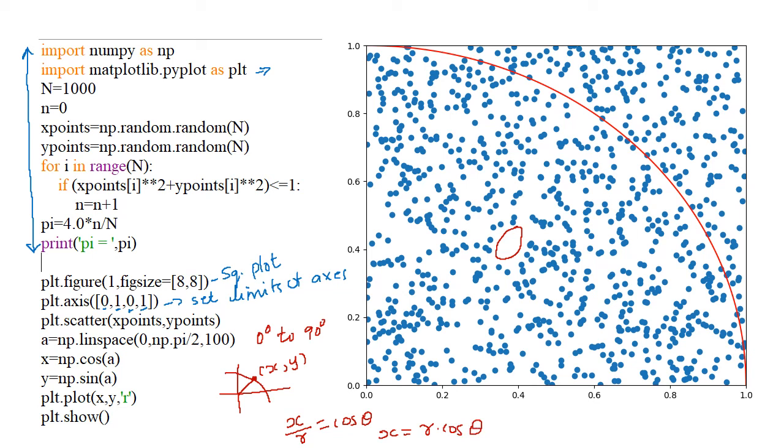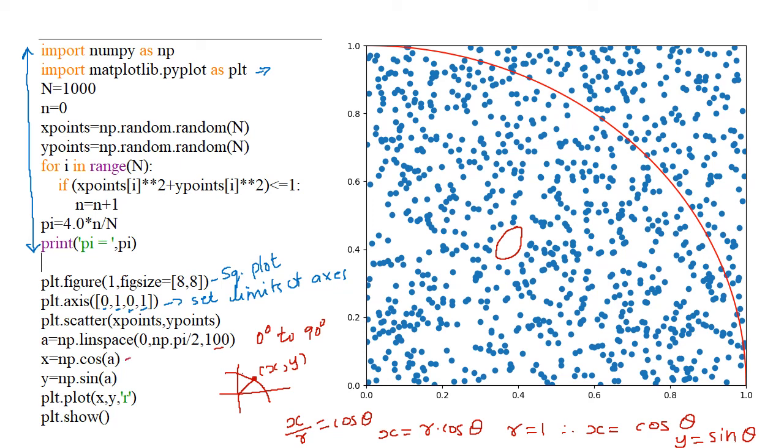So in this case our r is just 1, therefore our x coordinate is just cos theta. Similarly, you can calculate y as y is equal to just sin theta. So I have just calculated the x, y points, such 100 points on this arc, correct?